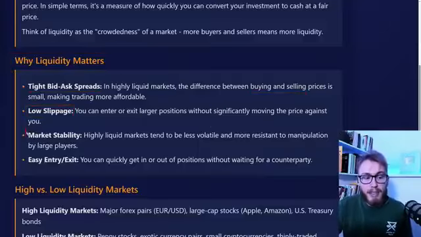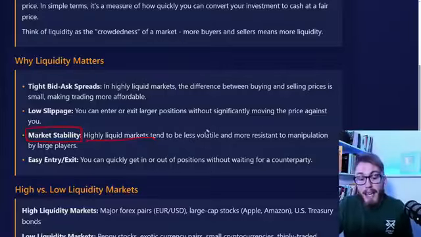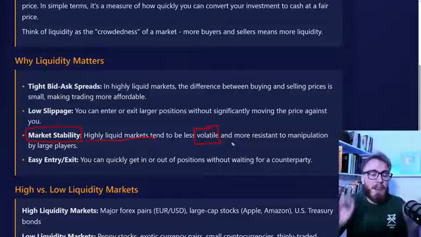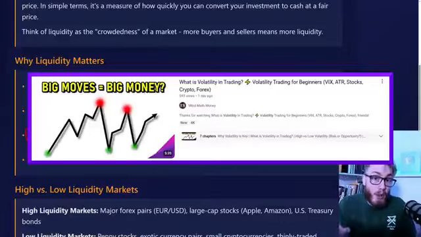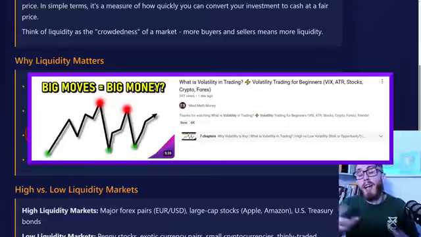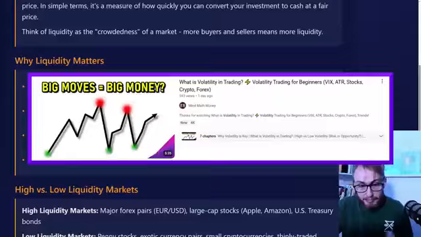Another very nice thing about liquid markets is market stability. So highly liquid markets tend to be less volatile, and volatility here is a very, very important concept to understand. And I actually have a video about volatility, so I highly recommend checking out that video after this one just to get a deeper understanding of volatility.